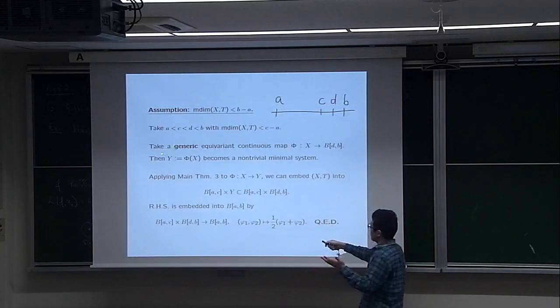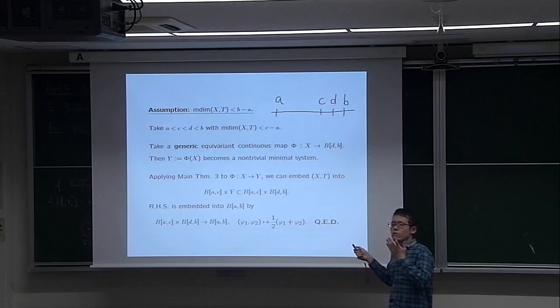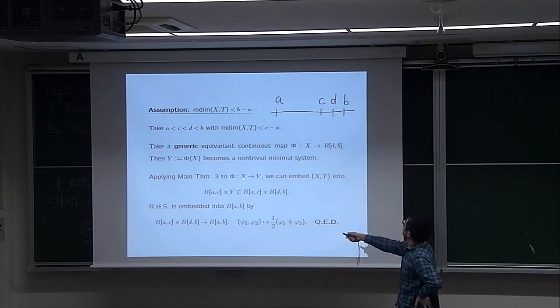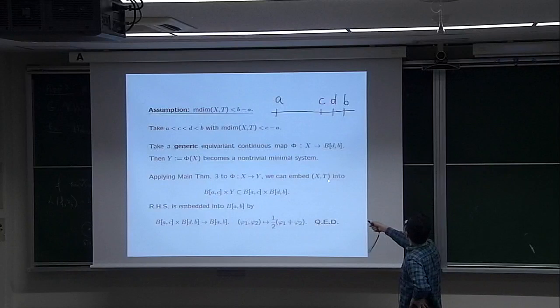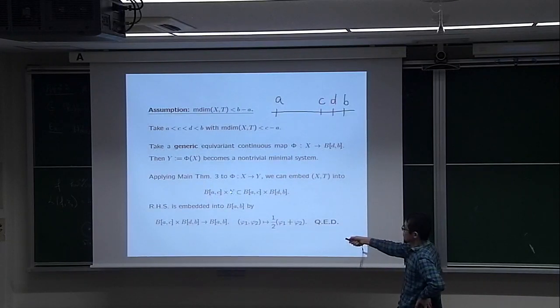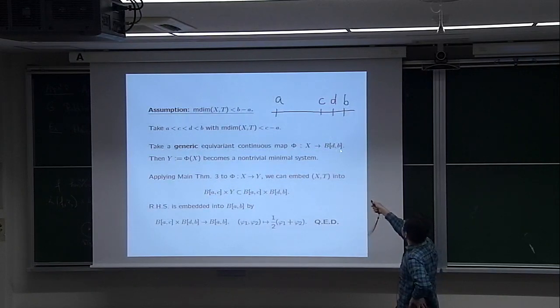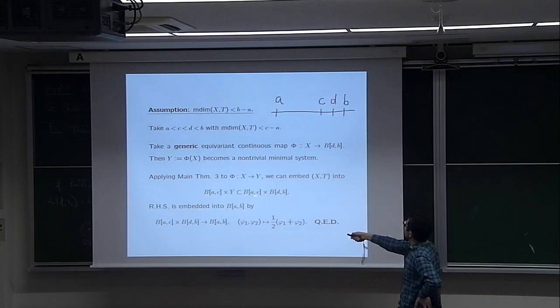Then we have a factor map. So we can apply main theorem 3 to this setting. We apply main theorem 3 to this factor map. And we have this mean dimension condition. So we can embed (X, T) into the product of B_{[A,C]} and Y. But now Y is a subsystem of this B_{[D,B]}. So this is a subsystem of this system, B_{[A,C]} cross B_{[D,B]}.